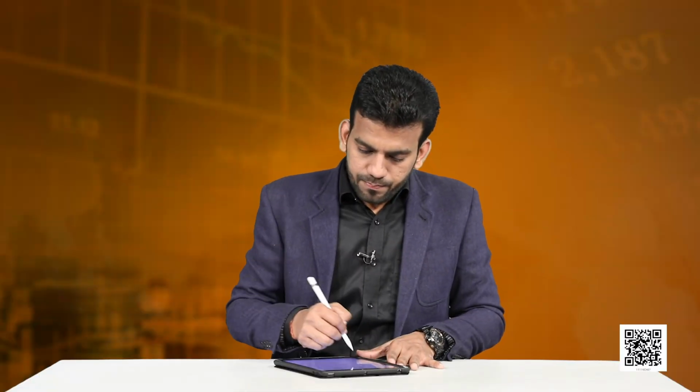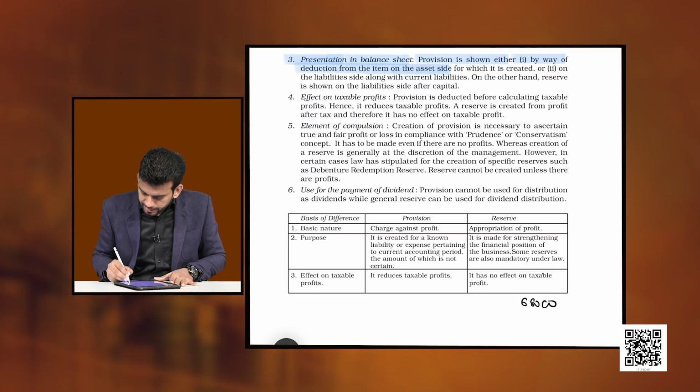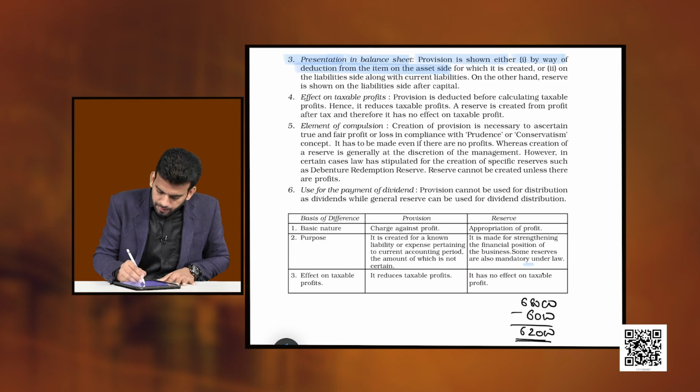You would be showing debtors like this: 68 minus 6. This is provision. But reserves are shown on the liability side. Reserve is nothing but a profit, so it must be shown with the capital on the liability side.